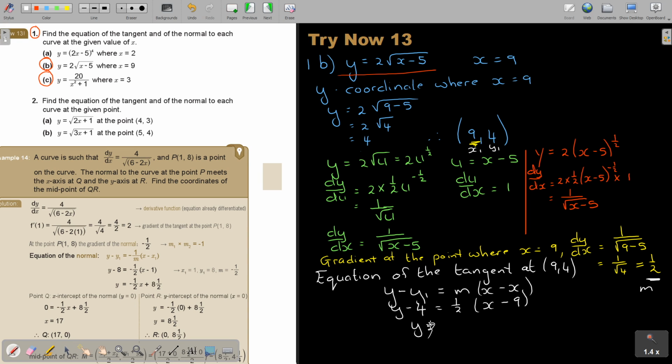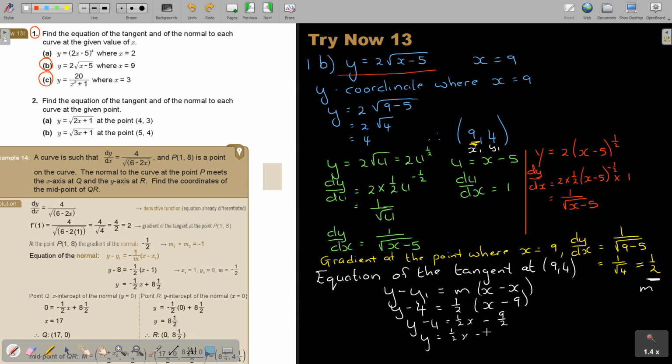Let's redo that. So this will be y minus 4, and that will be a half x minus 9 over 2. Let's leave it 9 over 2 first. And then I'm just going to say it's a half x minus 4.5 plus 4. I think it's better if we write 4.5.